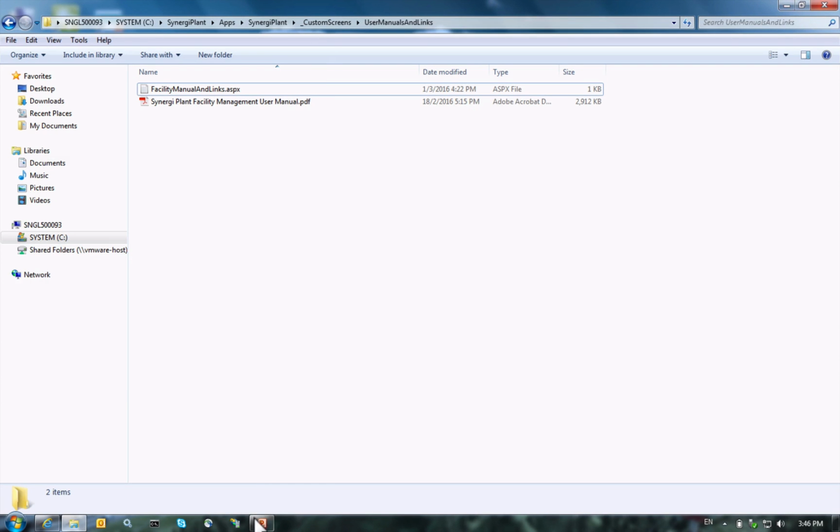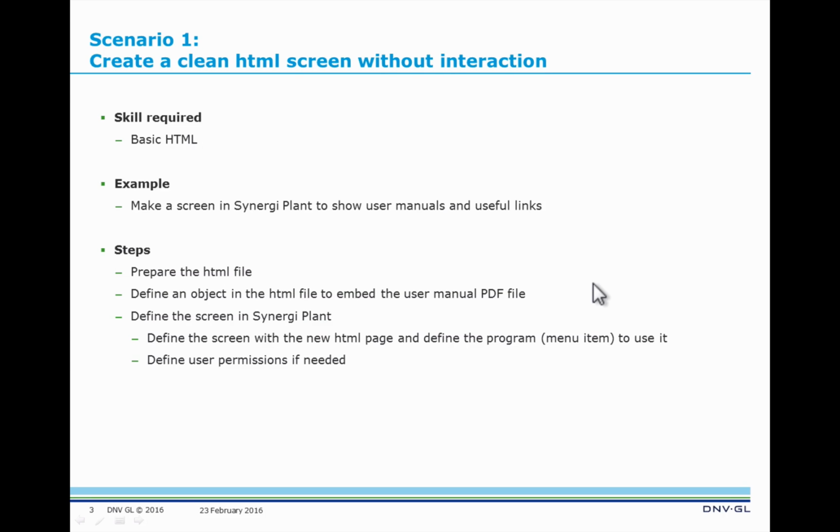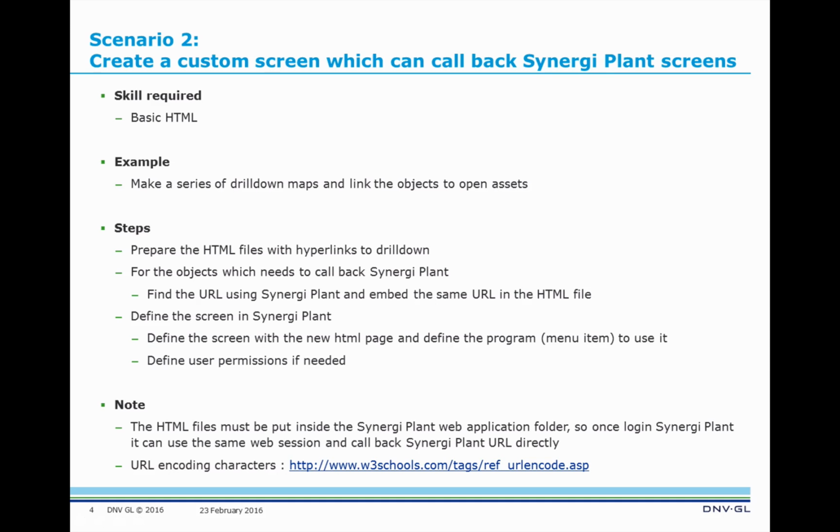Now let's move on to scenario 2. Scenario 2 is almost the same thing. I define a new screen as my custom screen, but the custom screen also calls another custom screen. So it's a drill-down demo, right? And at the end of the last custom screen, I make a hyperlink to call the Synergi Plant product screens.